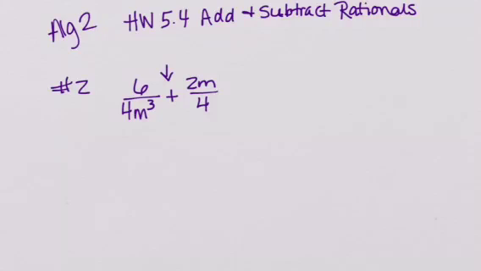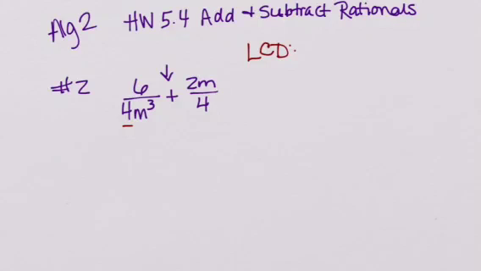So I have two fractions and they have to be added. In order to add them, they need to have a common denominator. Well, I see here that this one has a 4m cubed and this one has a 4, so they're not the same denominator. So what we do is ask, what is the least common denominator that they need to have in order to match?